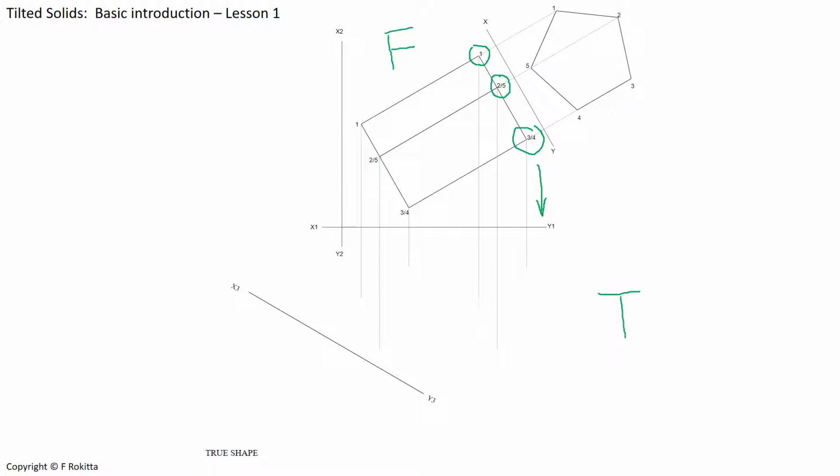And these lines are indefinite in length, and it's rather better to make them too long than too short, and you can always erase the excess lines afterwards. We will do also the same for the base end of our prism and project the corners of the base end also down to the top view perpendicular towards the x1, y1.